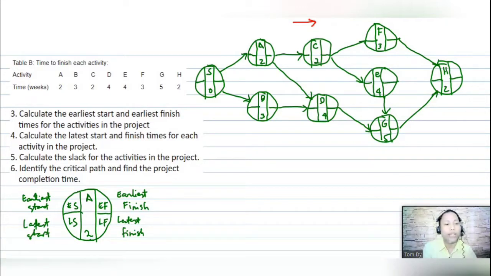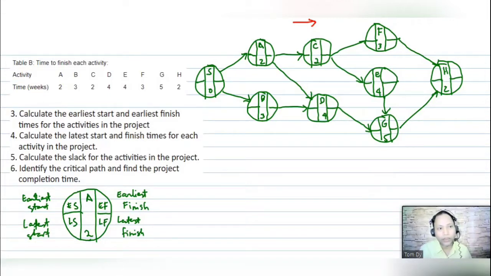Another one, if an activity has multiple immediate predecessors, its ES is the maximum of all EF, earliest finish values of its predecessors. So that is the rule for the forward pass.